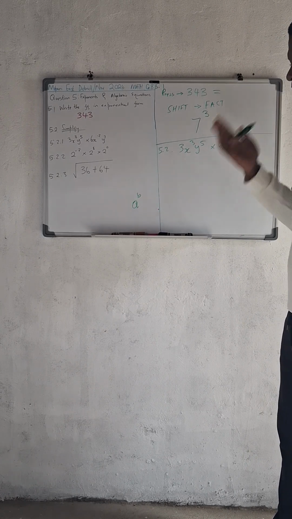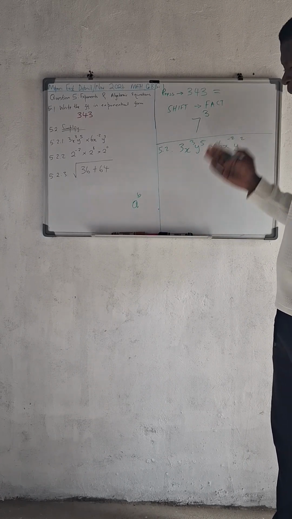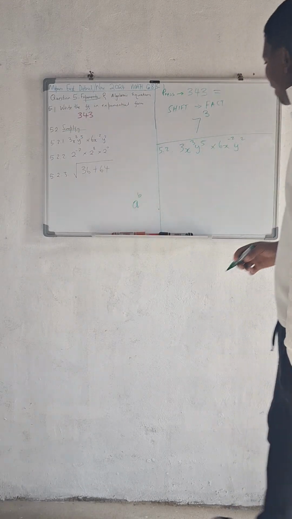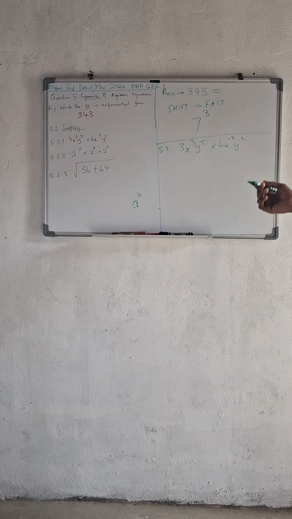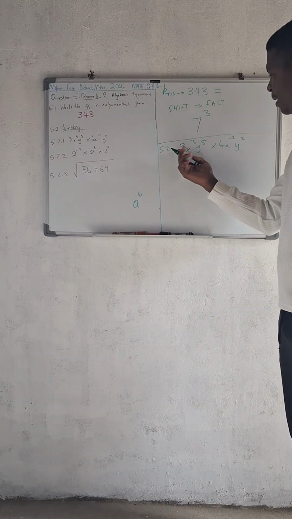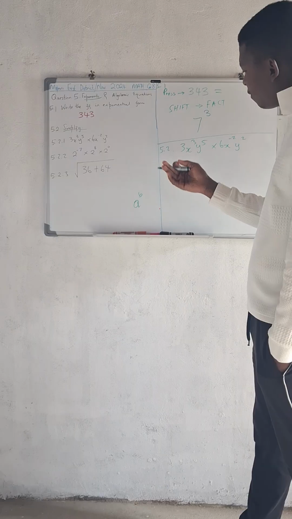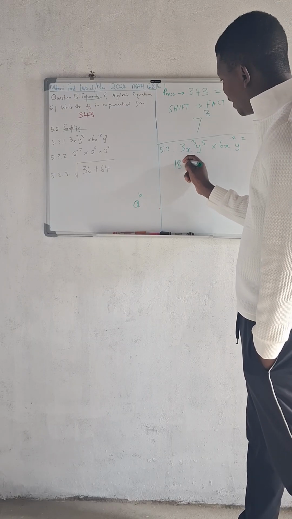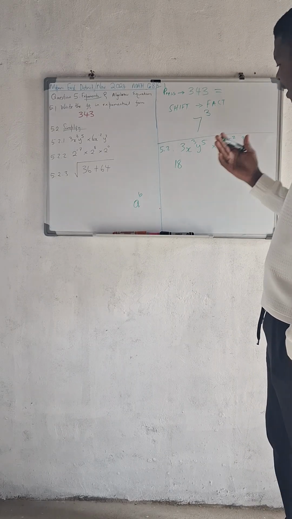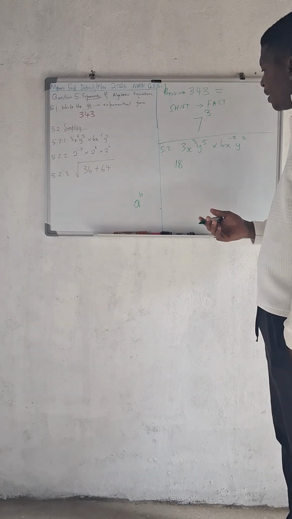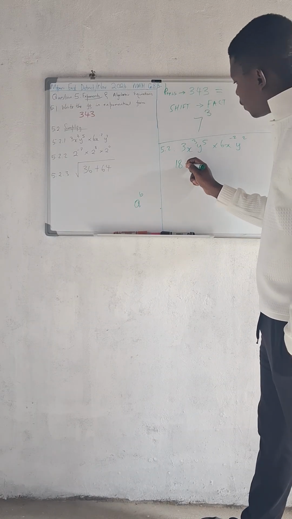So instantly you know that we are dealing with what? Exponents. As the topic also suggests, it's exponents. Now what you're going to do, multiply the numbers first. What is 3 times 6? 6, 12, 18. You start by writing that number. Check your signs. If there is a negative there, you need to check your signs again. So let us go to x.